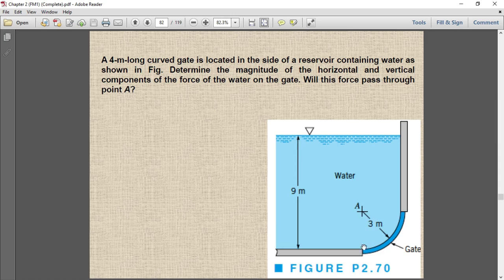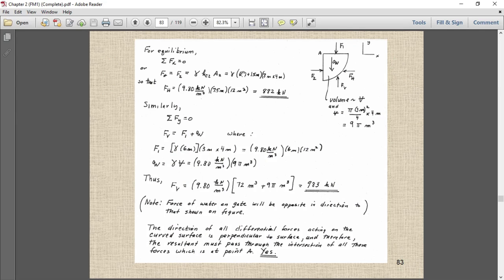This is your flat plate, and the center of the flat plate is 1.5 meter, so here it is 6 meter plus 1.5 meter. And the area of the curve: the radius is 3 meter, and the length is 4 meter as given.